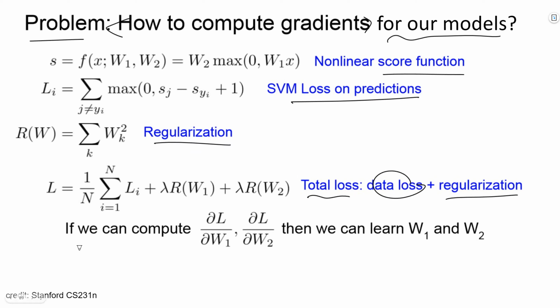And if we can compute the gradient of the loss in respect of our parameters, then we can learn W1 and W2. However, these equations look quite complicated. How do we compute gradients?